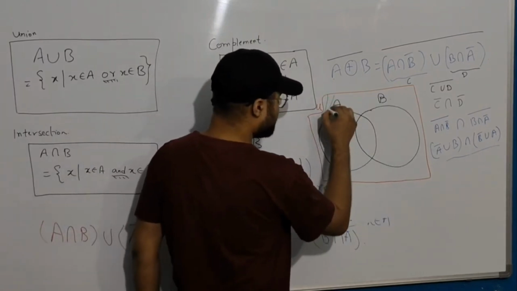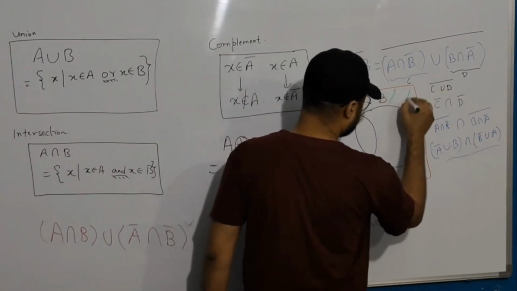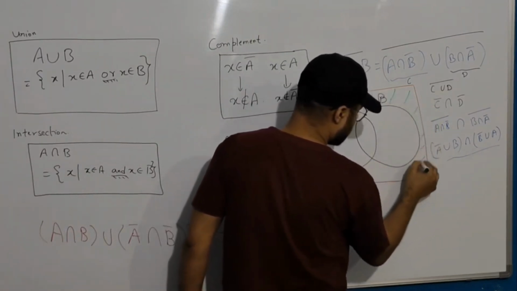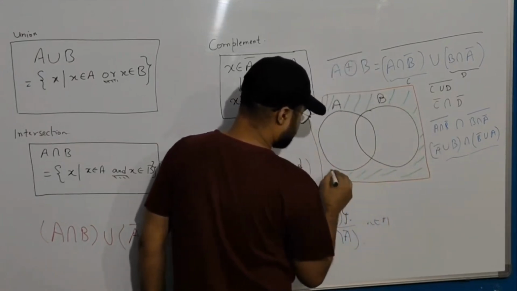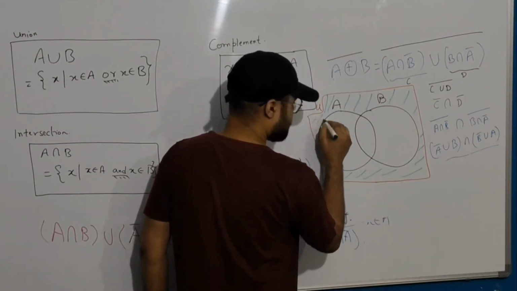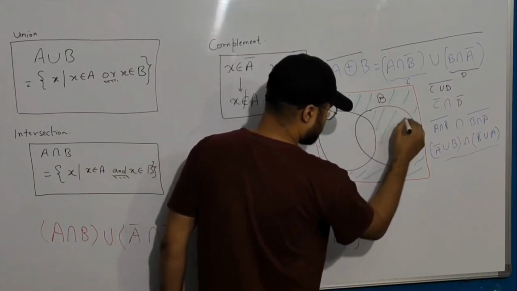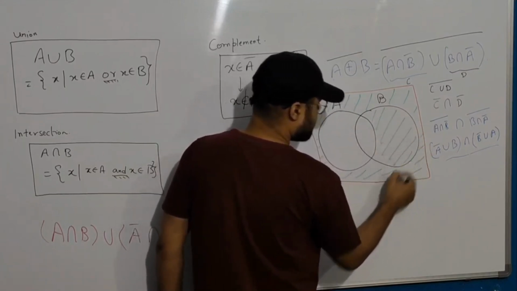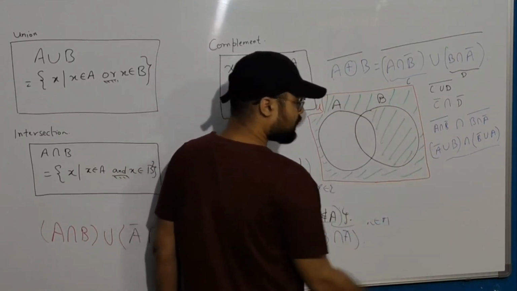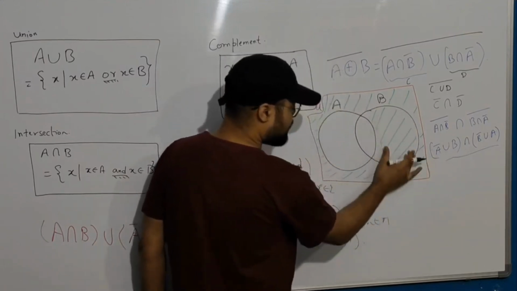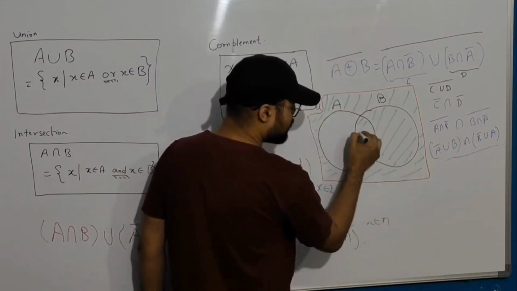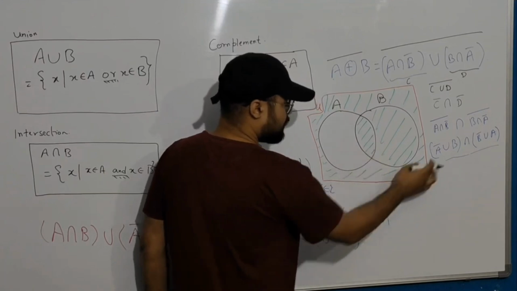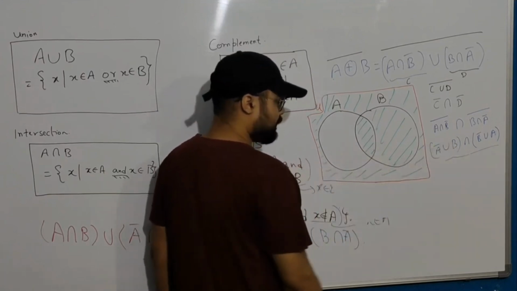A complement is these regions. These regions are A complement. Union B, so this part is from B. This is also included now. This is A complement union B.